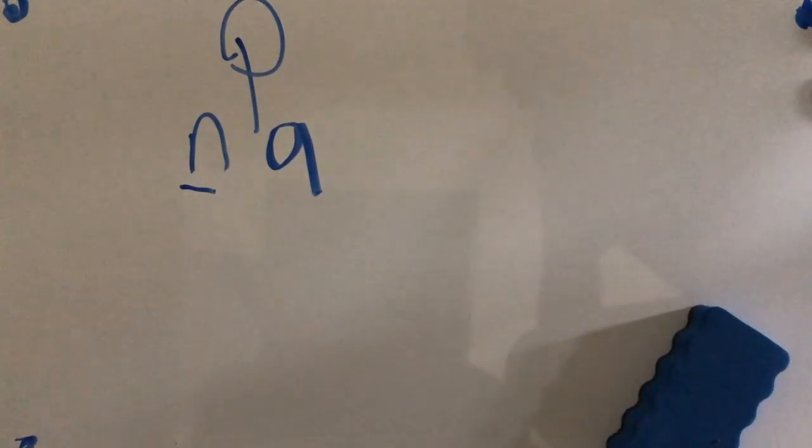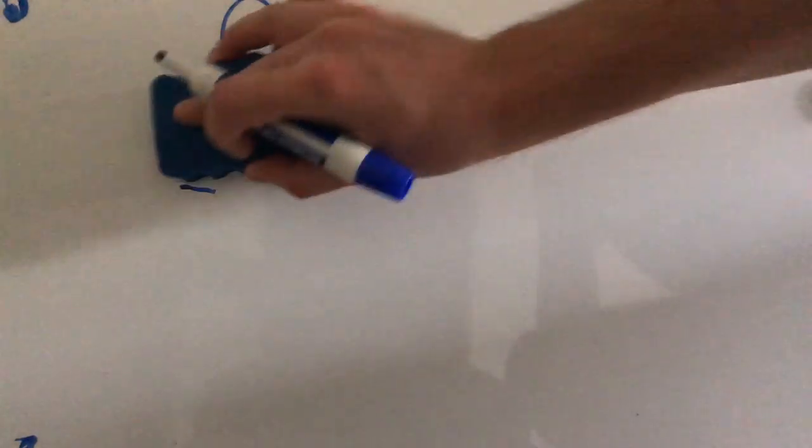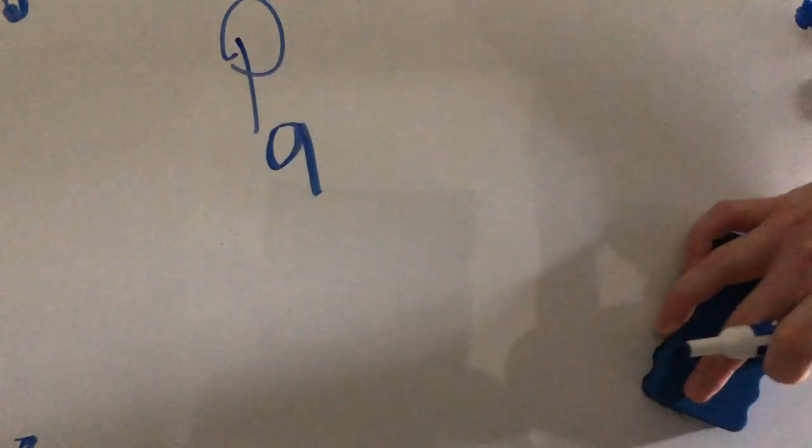So let's do an example. If I have a total of 9 different pictures, so I have a total of 9, N will equal 9. I want to figure out how many ways I can hang 4 pictures in a line on the wall. So 4 is out of that 9.